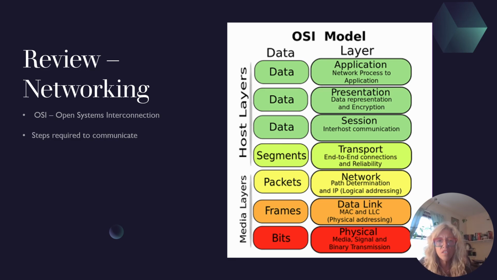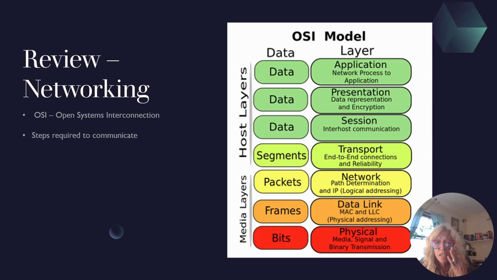Layer 1 is the physical layer, which includes media like wires, fiber, and radio waves. It provides binary transmissions into ones and zeros. Layer 2 is the data link layer, and it transports data between two nodes.